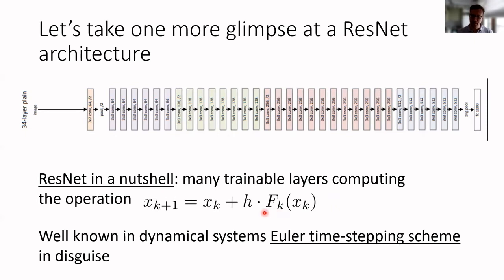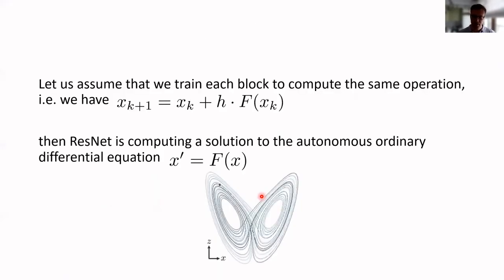So the only thing is that each layer is independent. In ResNet, I change the weights each step, right? So it doesn't approach a fixed point or anything because the weights are different. So imagine that I want to make each block compute the same operation now. I want to train it.